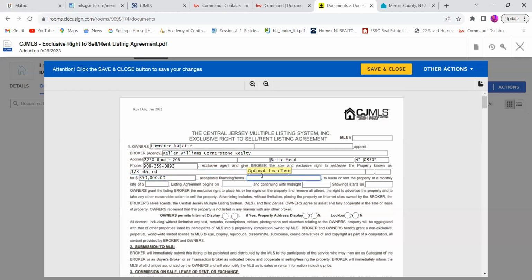Acceptable financing terms are going to be conventional, cash, FHA, and VA. So let's talk about that real fast. Does anyone know the difference between a conventional, an FHA, and a VA loan?